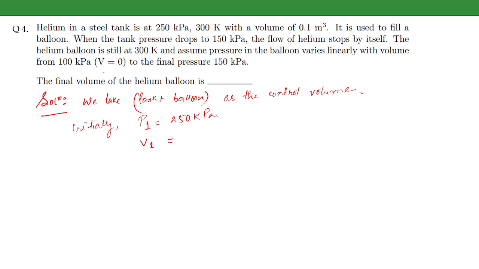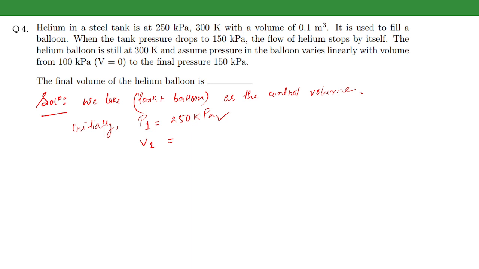Initially, there is no volume of the balloon. The helium initially is just at 250 kilopascal pressure, and there is no helium in the balloon. So we are not considering 100 kilopascal. The moment it starts to fill the balloon, the pressure starts from 100 kilopascal and increases to 150 kilopascal. But at the initial point, there is nothing inside the balloon, and the entire helium is inside the tank at a pressure of 250 kilopascal. So P1 is 250 kilopascal.